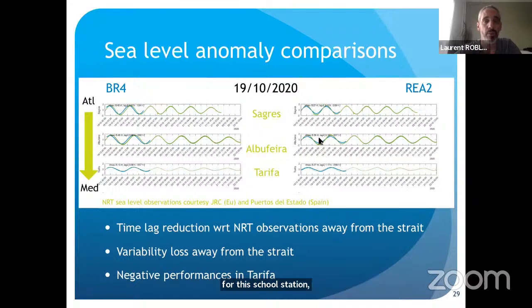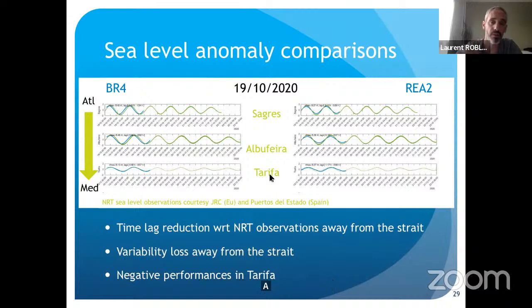You can see that also the tidal amplitude is lessened in this RIA2 simulation. So these two elements combine in a reduction of 10 to 15 centimeters of the root mean square error of the sea level, from 45 centimeters to more or less 30 centimeters at these two stations.